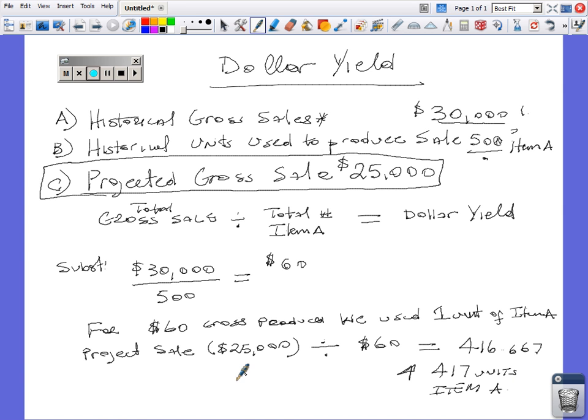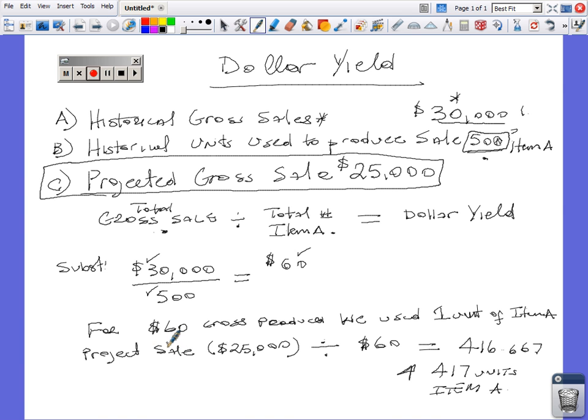Let's review: $30,000 in historical gross sales. From our sales mix we use 500 units of item A, to determine the relationship between the unit and the gross sale. We divide our historical gross sale by the number of items we use. $30,000 divided by 500 equals $60.